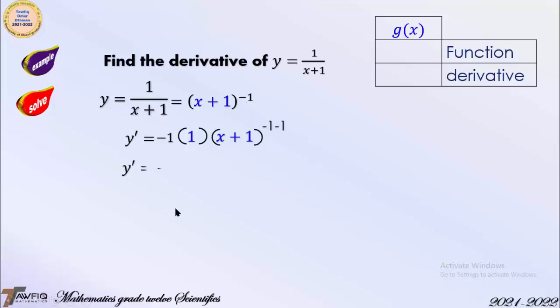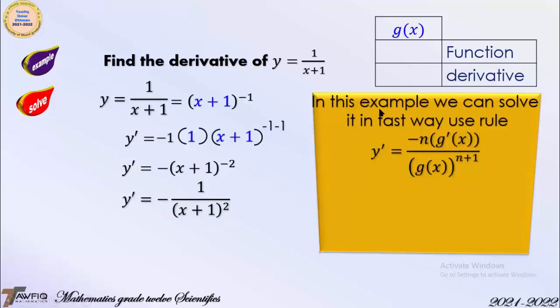Then it becomes minus 1 times 1 is minus 1, times x plus 1 to the power minus 2. Because we have the negative power, we must make it positive, therefore take it to the denominator. Then y prime is equal to minus 1 over x plus 1 to the power 2.